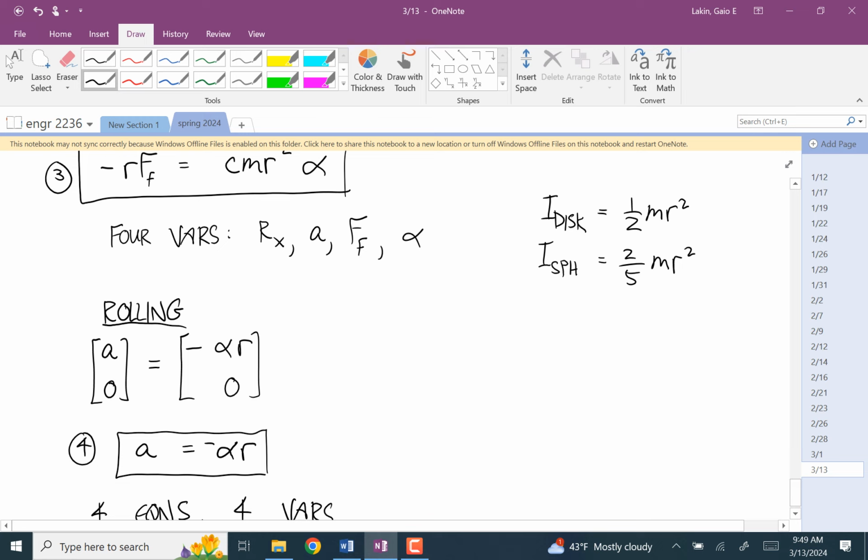For a ring, we have mr squared. These all look the same. All that changes is some constant, so that's just that constant. So we can plug in a 1/2 to represent a disk, 2/5 to represent a sphere, other things to represent other combinations of these. Any other questions right now?